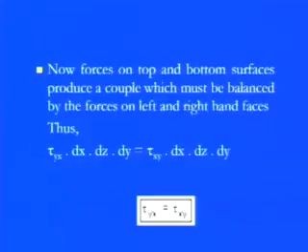So now we can see that the forces on the top and bottom surfaces produce a couple, as I told you, because of the shear forces, which must be balanced by the forces: tau yx into the total domain dx, dz and dy is equal to tau xy into dx, dy and dz.